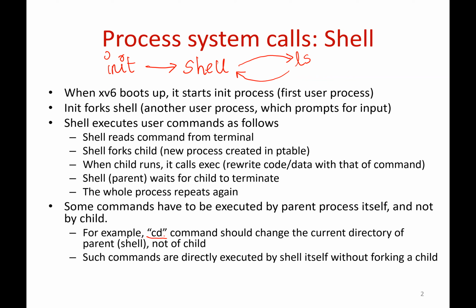Therefore, such commands are directly executed by the shell without having to fork a child. But when the shell wants to run some other command where it has to exec, rewrite the memory image, then it has to fork a new process. The previous lecture has explained all of these basic concepts, and in this lecture, we are going to see these concepts in the form of xv6 code.